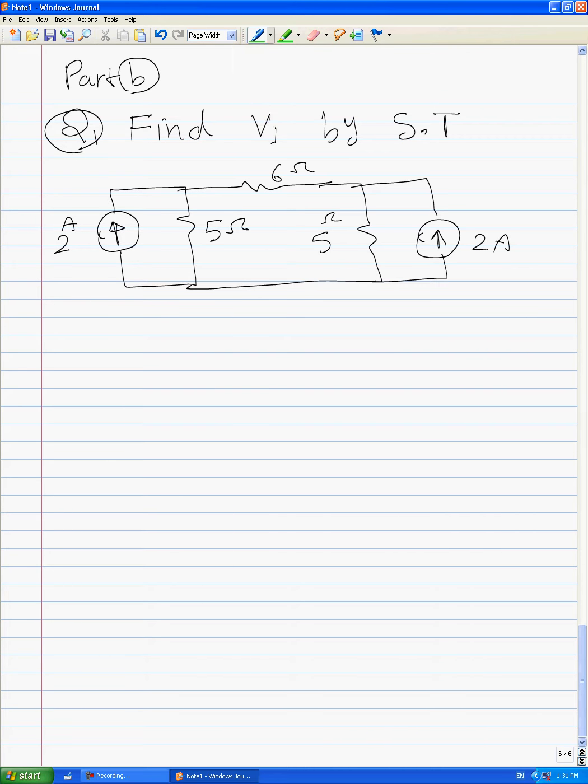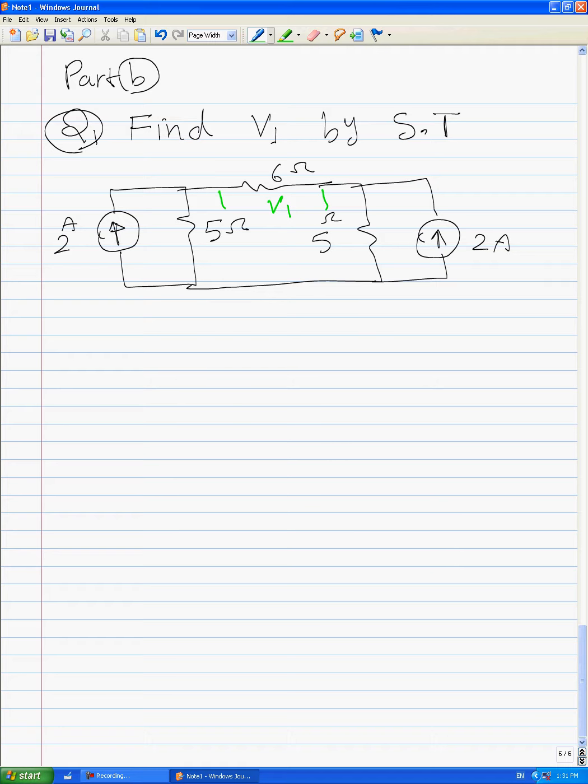The goal is to find out voltage here, V1 here.